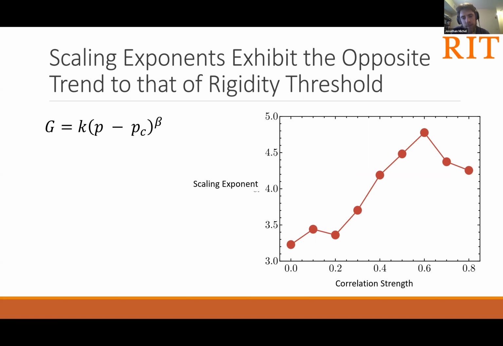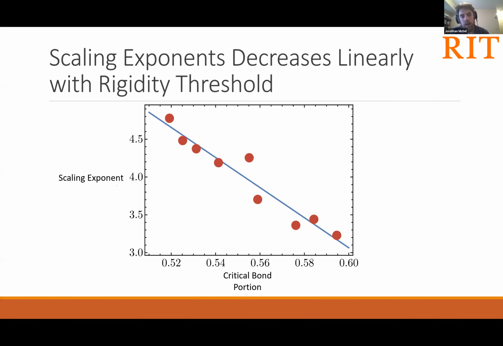So we initially see that the shear modulus increases more abruptly with an increasing fraction of bonds retained. And then past this optimal correlation strength of 0.6, we see that once again, the scaling exponent decreases.